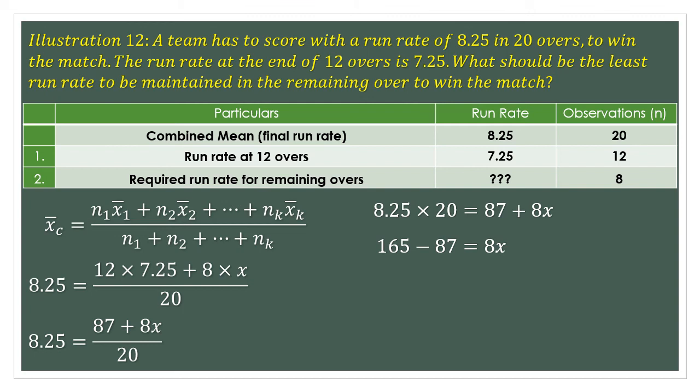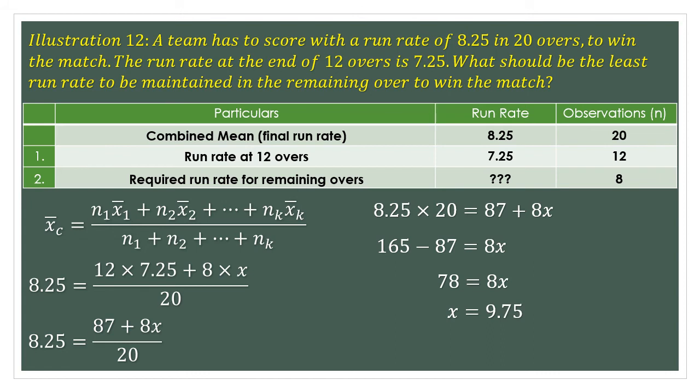So 165 minus 87, that way I will know that out of 8 overs I am supposed to score 78 runs. Total required runs are 165. 87 runs have already been done. Remaining overs are 8. So 78 runs are required out of 8 overs. So how many runs are required out of 1 over? That is 78 divided by 8.